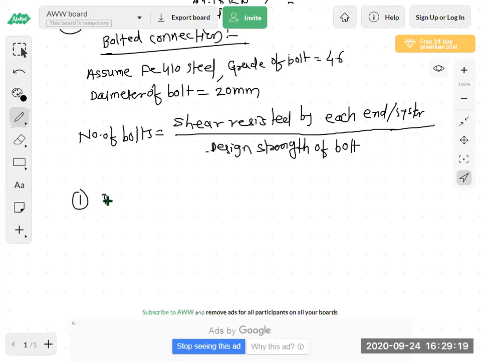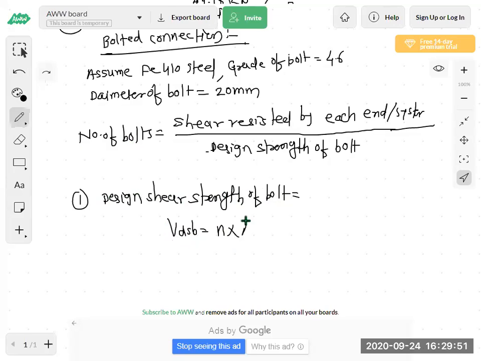So calculate now the design shear strength of bolt, that is VDSB, equal to N into ANB into FUB divided by root 3 gamma M1, correct? So now here, shear planes, how many shear planes are there?